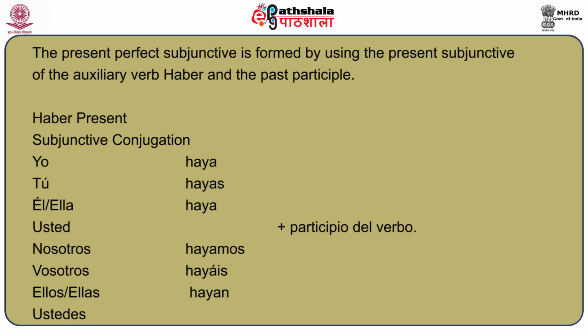The present perfect subjunctive is formed by using the present subjunctive of the auxiliary verb haber and the past participle. Haber conjugations in the present subjunctive, haya, hayas, haya, hayamos, hayáis, hayan, go along with the participle of the verb.